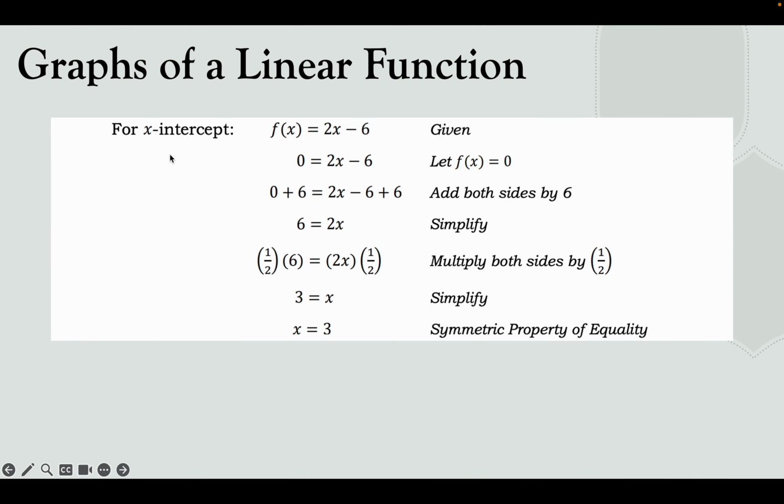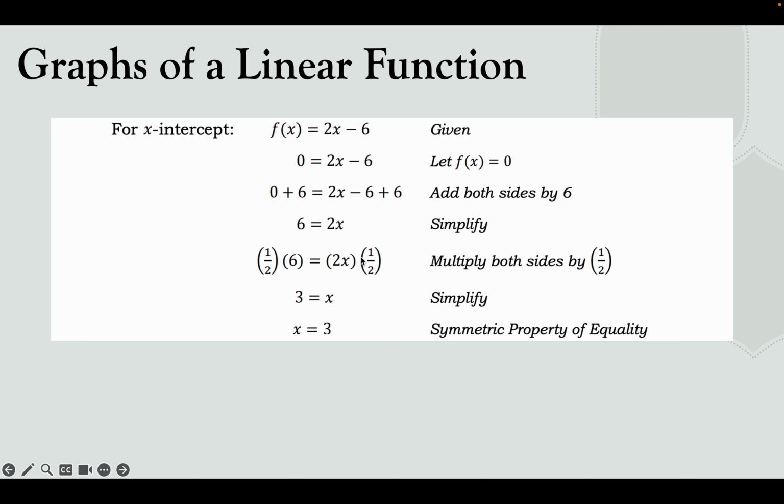That is, when you find the x-intercept, you let f of x is equals to 0. So 0 is equals to 2x minus 6. Now, you need to add both sides by 6 by the addition property of equality, or you can transpose the -6 to the left side. So now, 6 is equals to 2x.